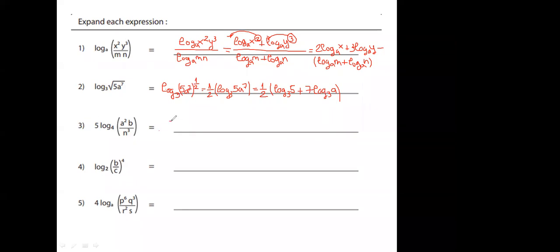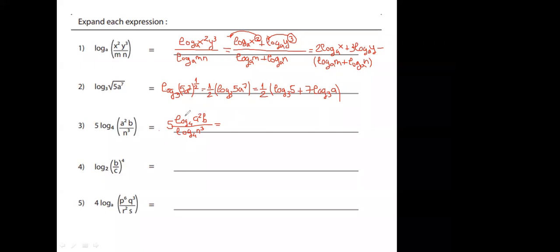We have 5 up front, and then I can write down logarithm 4 of a squared b up, and down I have logarithm 4 of n to the third. So now I have this 5 up front. I can put this 5 because it's valid for both of them.